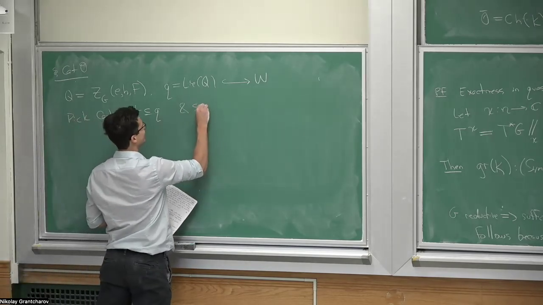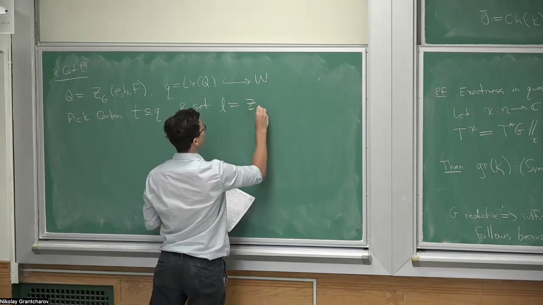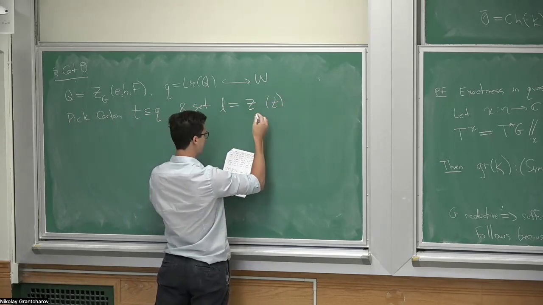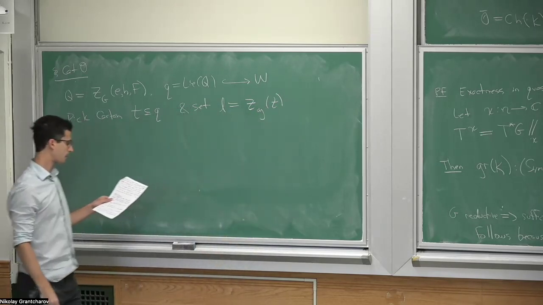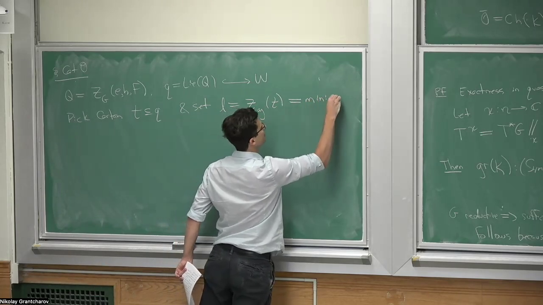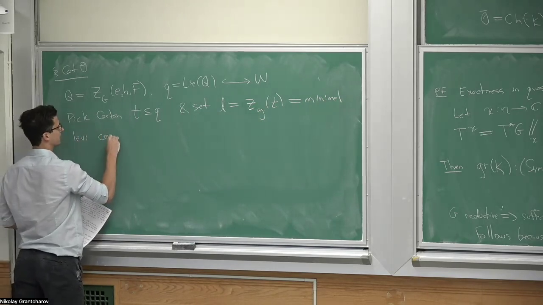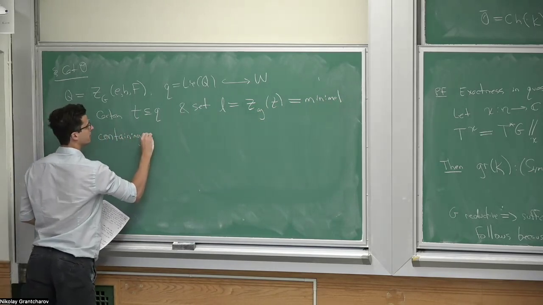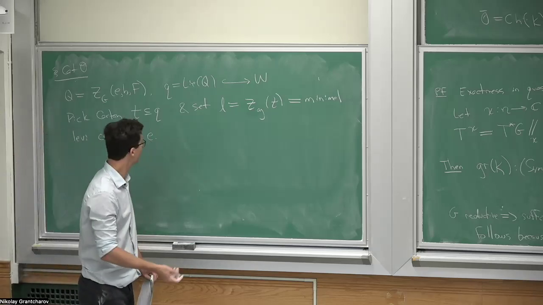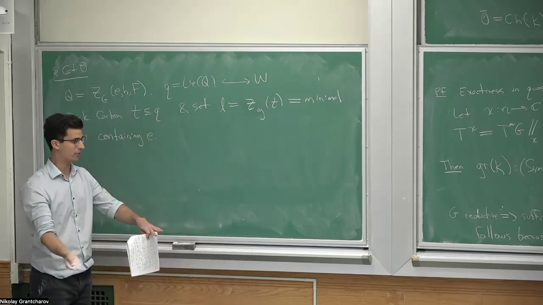Then set L to be the centralizer of the torus, or the Cartan, inside G. And this, you can see, is the minimal Levi containing e. So again, in the principal case, the centralizer of 0 is everything, so the Levi is the whole algebra.